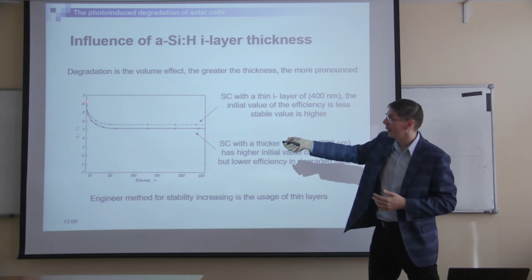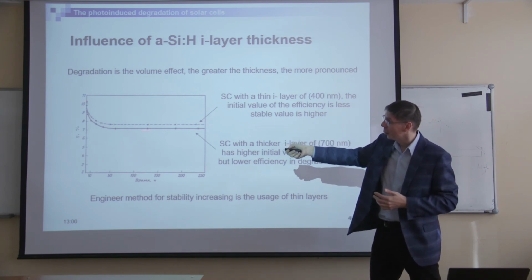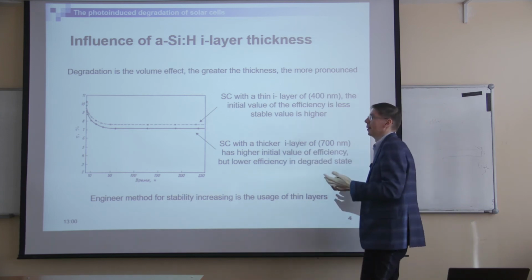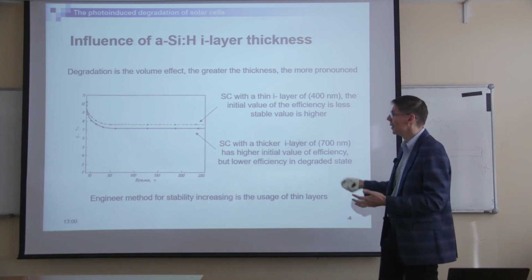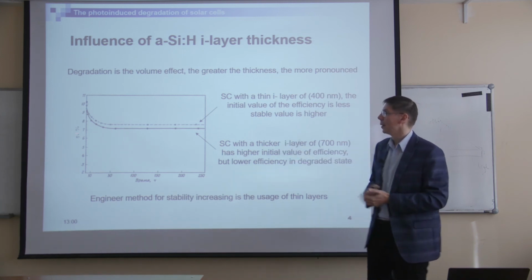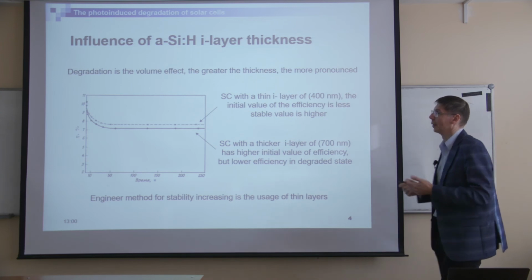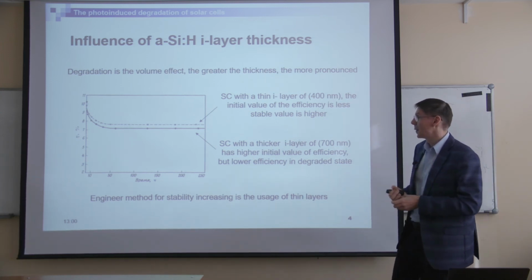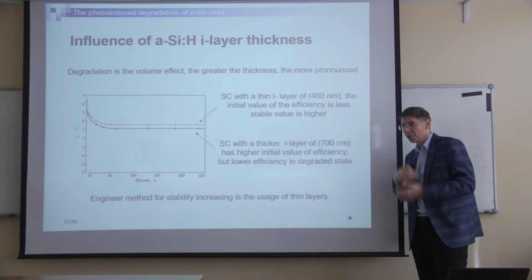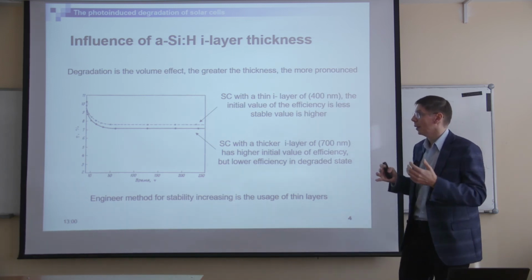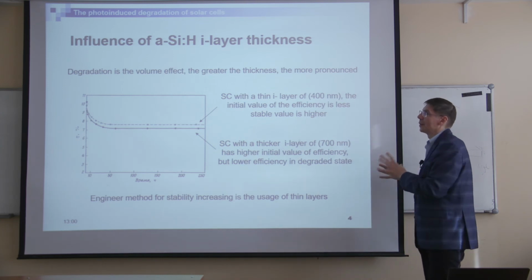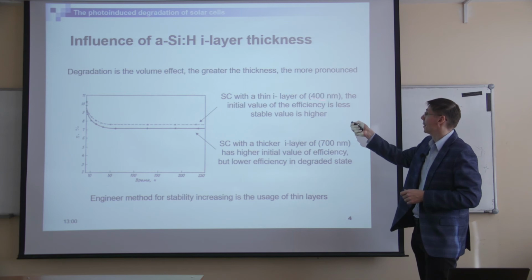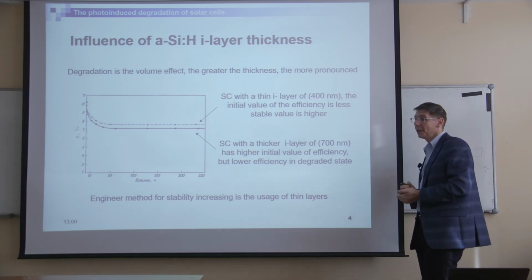We have a higher initial point, and due to the more pronounced degradation of the high thickness, we have a lower light soaking value of the efficiency. So there is some engineering approach to reduce this effect, and you can see here an example of a 400 nanometer thickness.